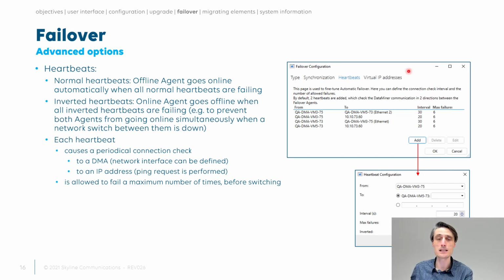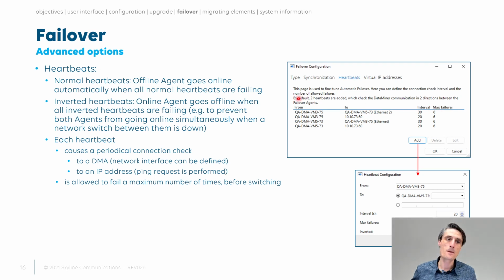So that means that basically it will take about 3 minutes before a switchover will happen if the heartbeat fails, because it's taking, in this case here, 30 seconds for a check, and it will fail 6 times. So that's basically 3 minutes that it will take before the switchover will happen. So you already noticed that's an important setting to be able to configure how quickly your DataMiner system needs to react on a failure.